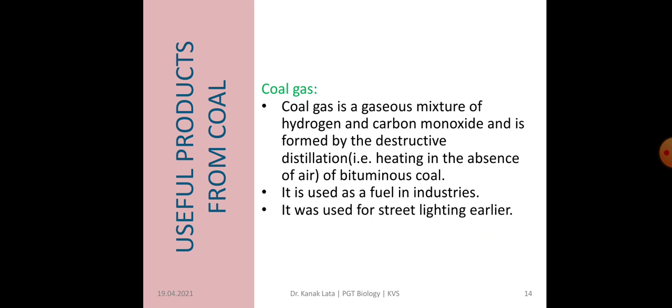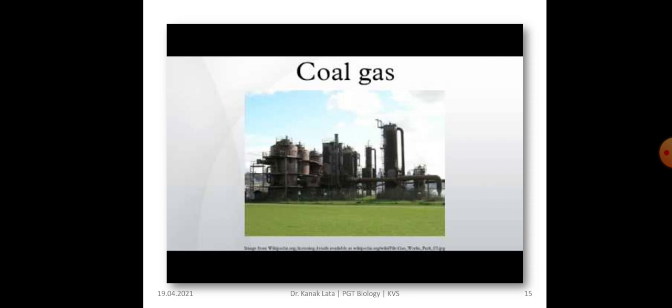It is used as fuel in industry, and it was used for street lighting earlier, whenever electricity was not discovered. Here you can see how production of coal gas takes place.